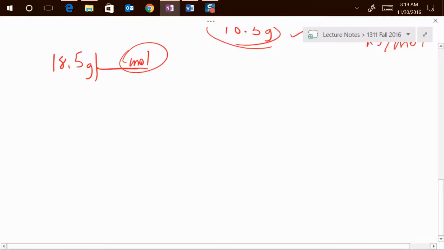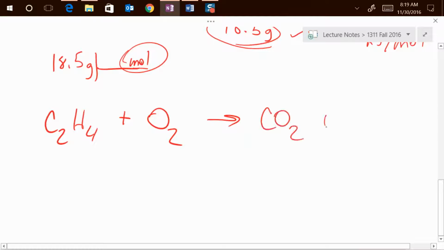And this is what I'm given: the heat of combustion. What does that mean? It means you're reacting it with what? Oxygen. So the heat of combustion of C2H4, okay? Anytime you react a hydrocarbon with oxygen, the products of that reaction are carbon dioxide and water.